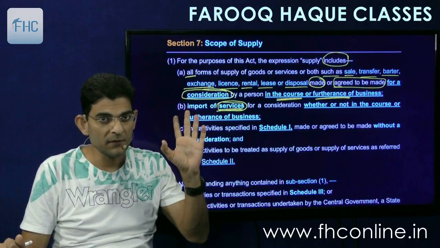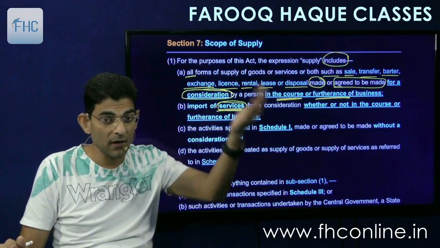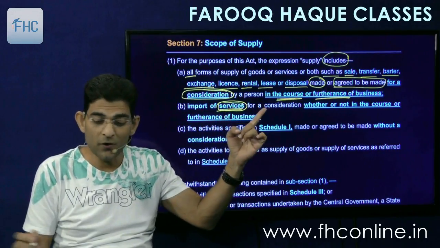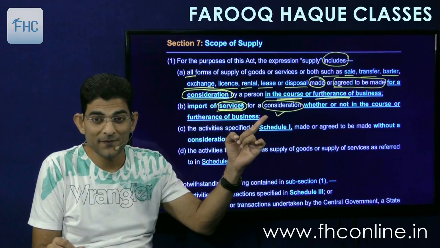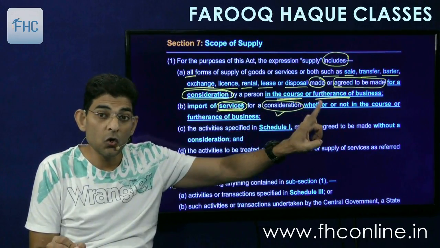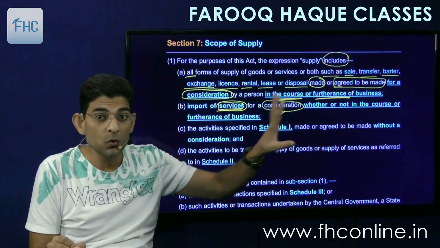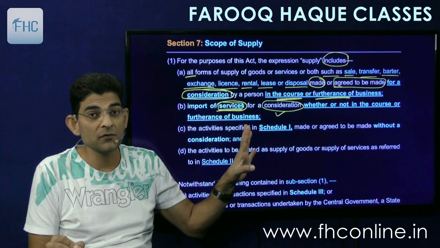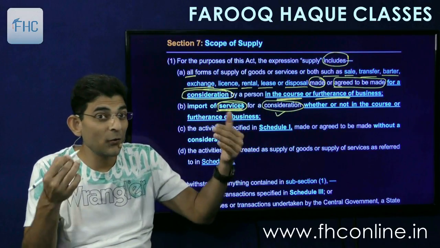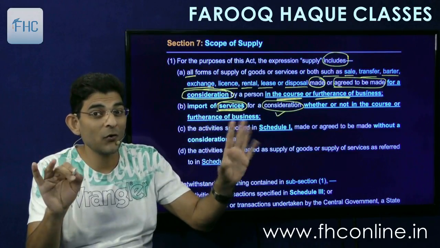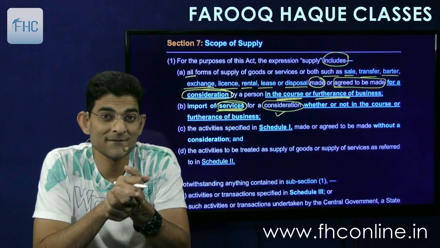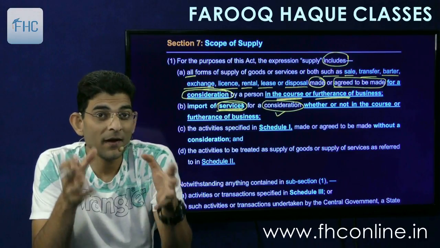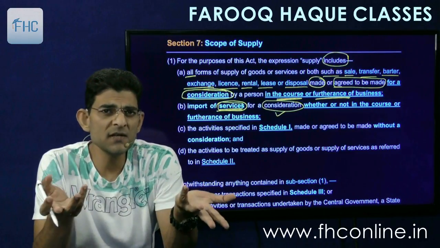Now read this clause B. Import of service, architectural service, for a consideration, means consideration is there, whether or not in the course or furtherance of business. So even though there is no business, I am importing it for my residence.